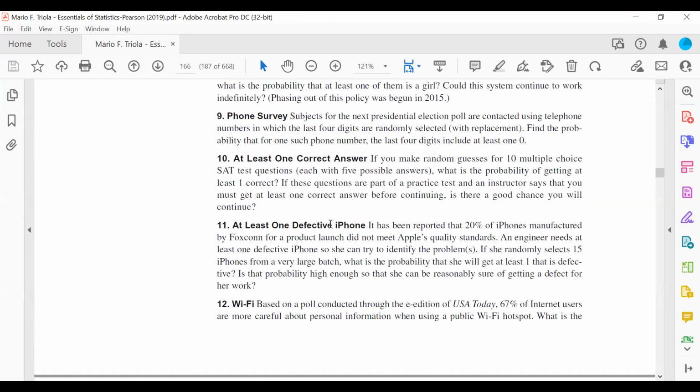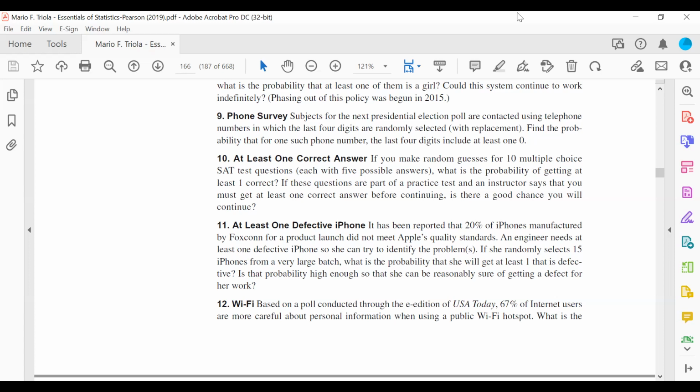If she randomly selects 15 iPhones from a very large batch, what's the probability that she will get at least one that is defective? They want us to find the probability of at least one defective. So I'm going to have to find the probability of defective in the problem.